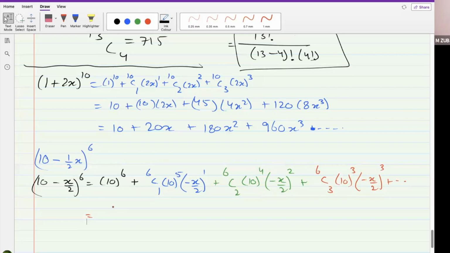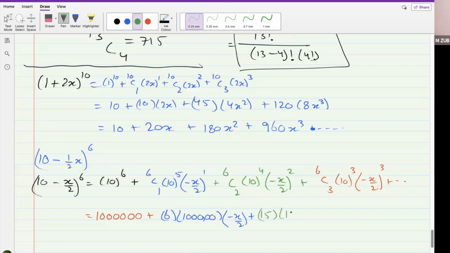Now we simplify. 1 power 6 is 1, plus 6C1 is 6 times 1 to the power 5 times minus x by 2, plus 6C2 is 15 times 1 to the power 4 and times, be careful, when the power is odd, the negative sign stays.